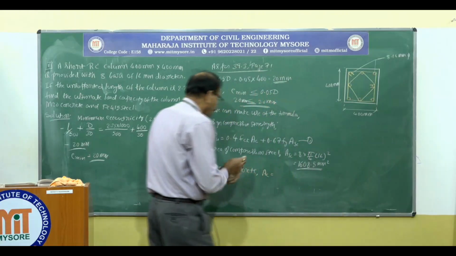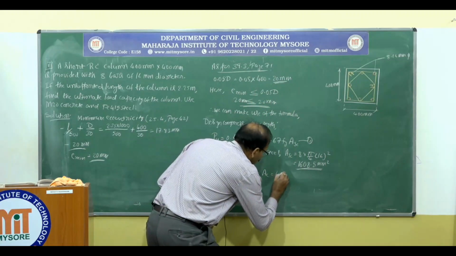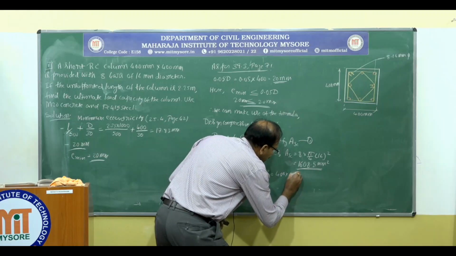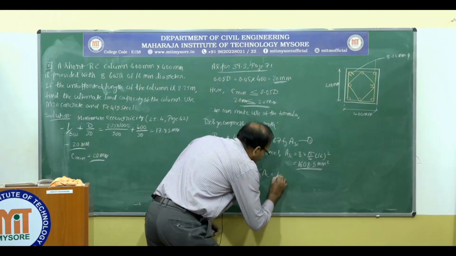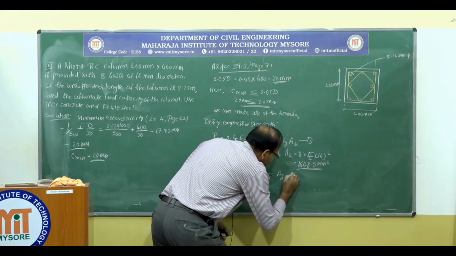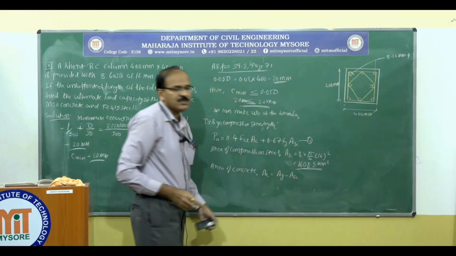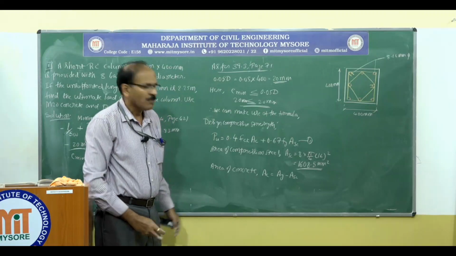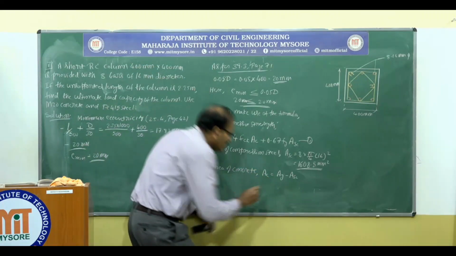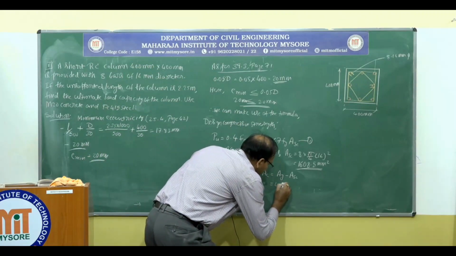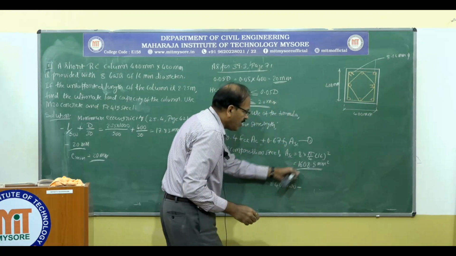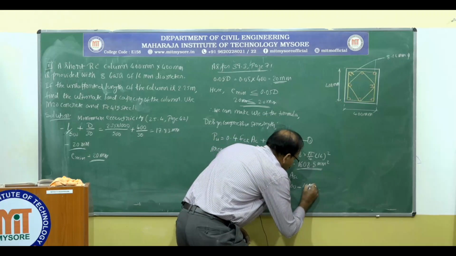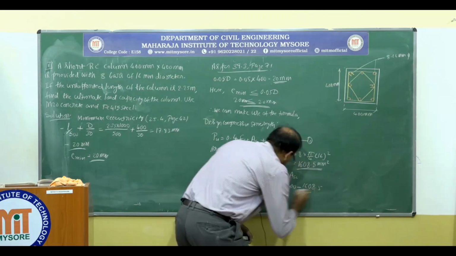So area of concrete is 400 by 400, that is the gross sectional area, I am going to write Ag, minus area of compression steel. So Ag is 400 by 400 minus 1608.5.